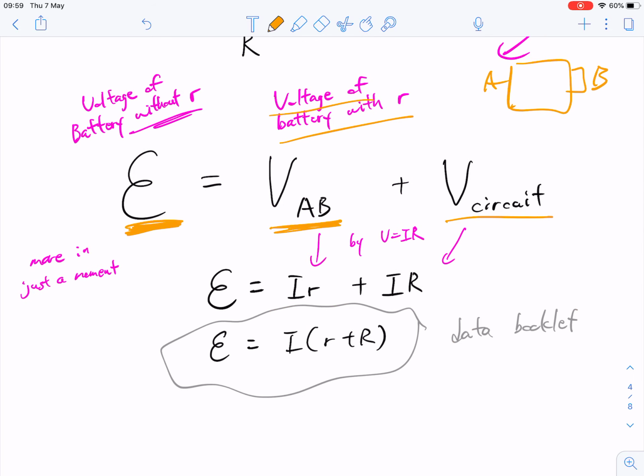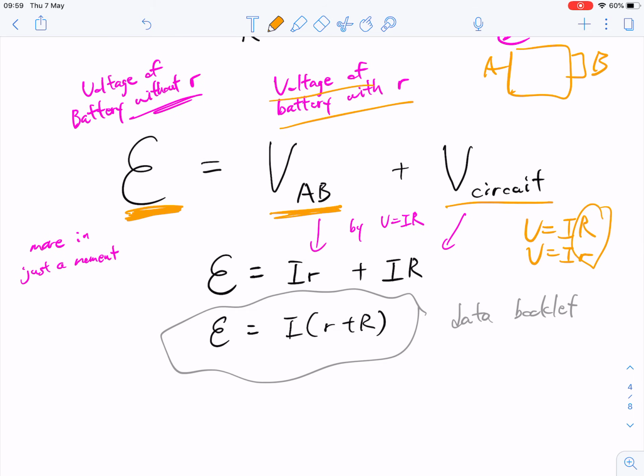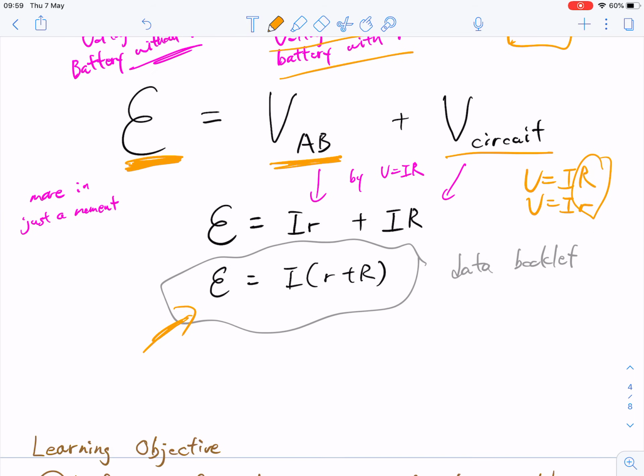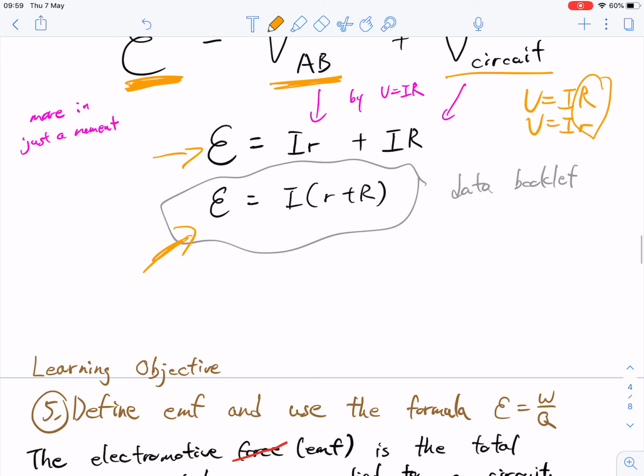And so a little bit more rearrangement using Ohm's law, V equals IR, or V equals I little r, okay? So it's all still resistance, guys, okay? It's just more or less of it. And this is actually the formula that you will see in your data booklet, all right? So that's how we derive that. Both of these versions are more or less the same. I mean, this is the more simplified version, I guess.